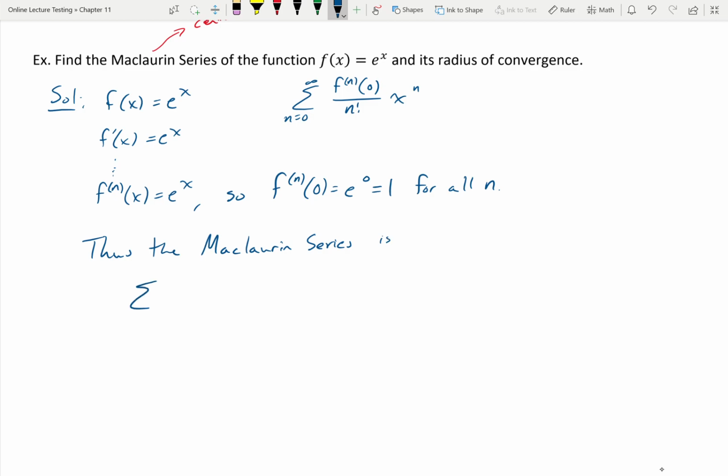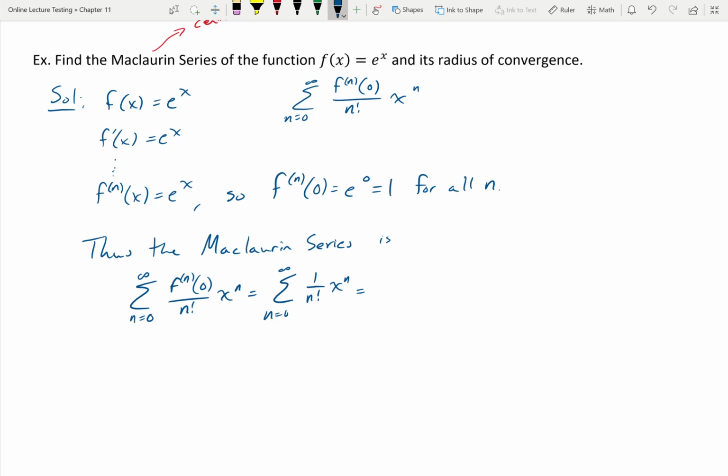The series as n goes from 0 to infinity of f to the nth derivative, value is 0. And again, I'm writing the generalized form first, so that way we can see where everything's going. All right, well, f sub n of 0 is 1, so we get 1 over n factorial x to the n.